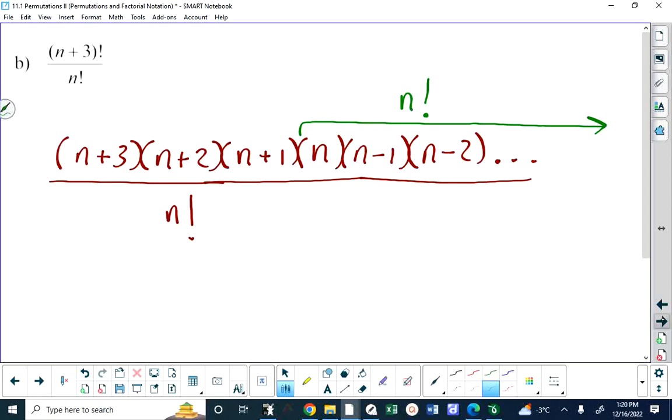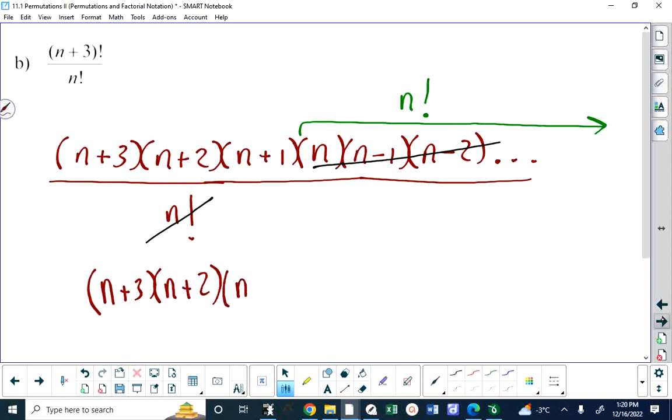I don't think you need to actually say times 3 times 2 times 1. And that means that this, which is n factorial, cancels with all of this, and the answer then is n plus 3, n plus 2, n plus 1. And I don't think we want to waste is the wrong word. I don't think we want to spend class time foiling that out. You could, but I'll leave that to you if you want to or have to on an exam. Any questions with B?